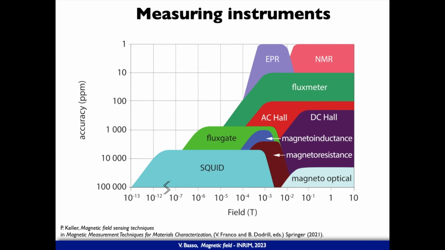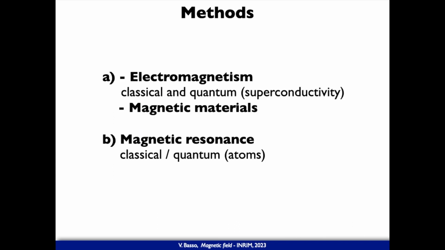Again, in this part, we will subdivide in two. Part A: methods and instruments that use the equations of electromagnetism, including both classical and quantum effects, so also where we use superconductive materials, and several methods and instruments using magnetic materials.